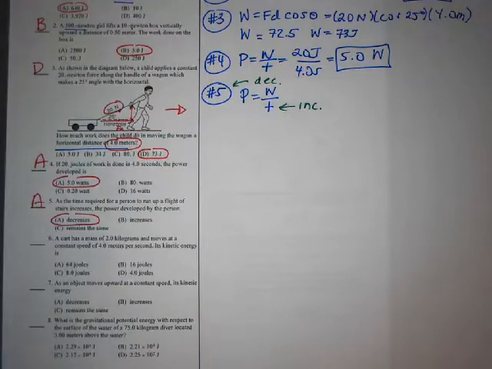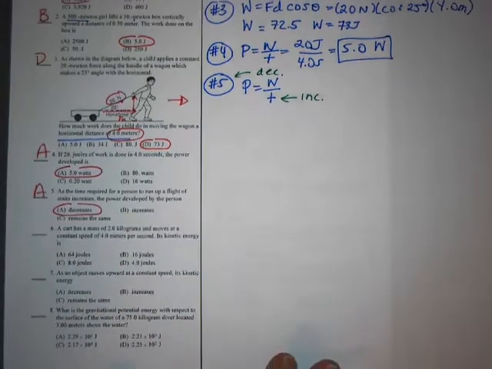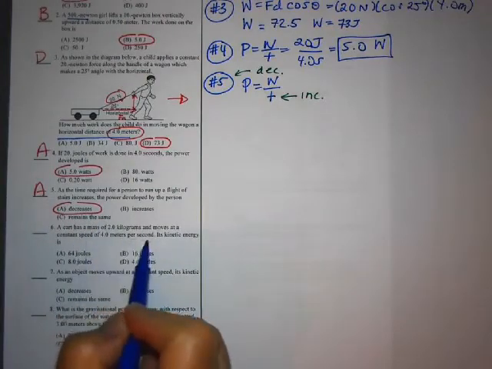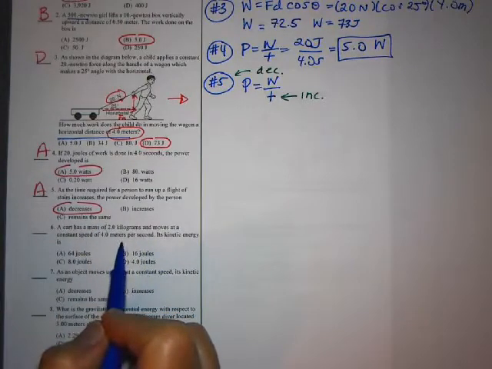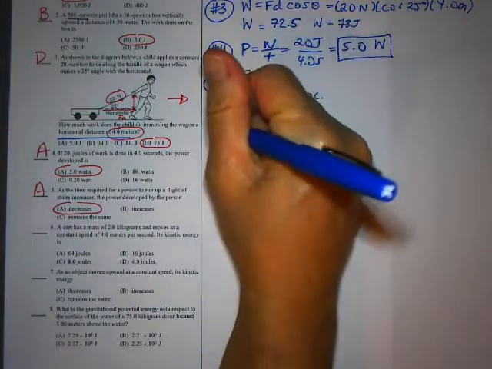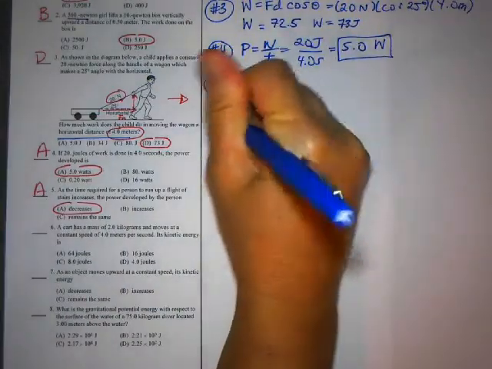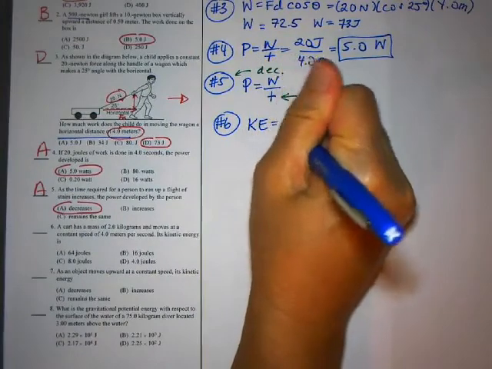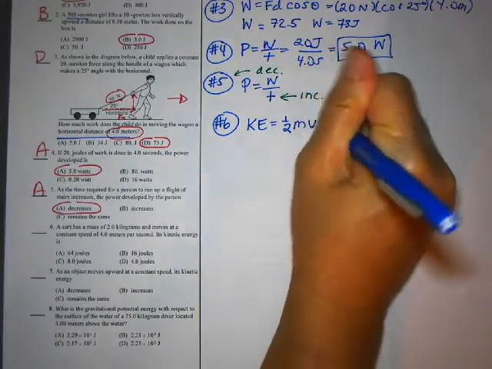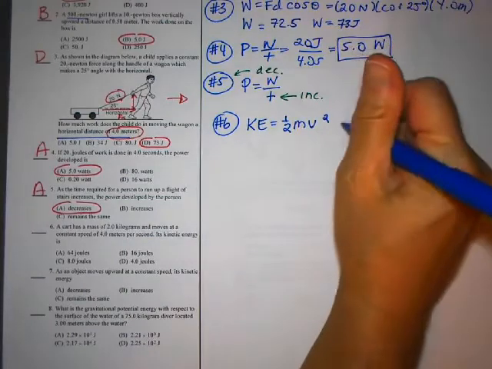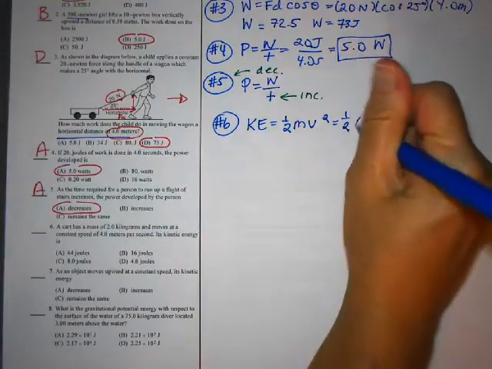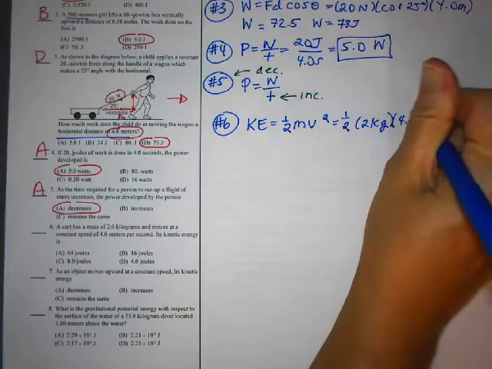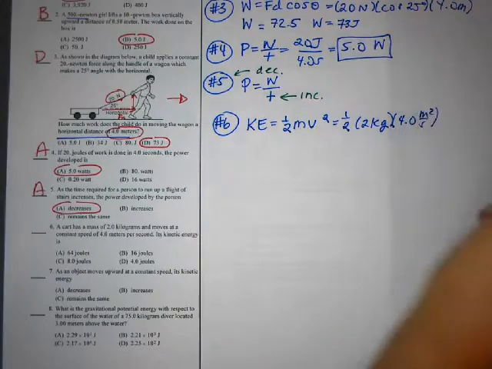Number 6, a cart has a mass of 2 kilograms and moves at a constant speed of 4 meters per second. Its kinetic energy is, so for number 6, kinetic energy is 1/2 mv squared. So it's 1/2 of 2 kilograms times 4 meters per second squared.